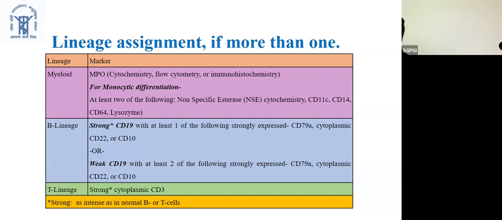For T, cytoplasmic CD3 strong expression is the criterion, and strong means similar to or more than that of the normal counterpart. So the beauty of peripheral blood or bone marrow is that you always have normal cells, normal lymphocytes present over there. So we compare the expression of normal lymphocytes with that of the blasts. Fine.